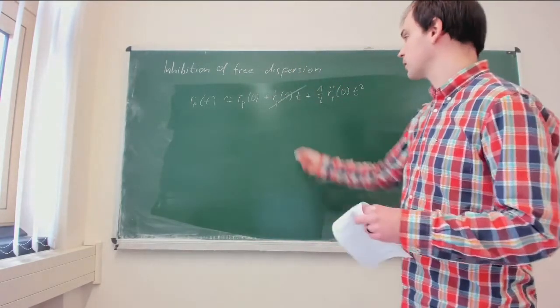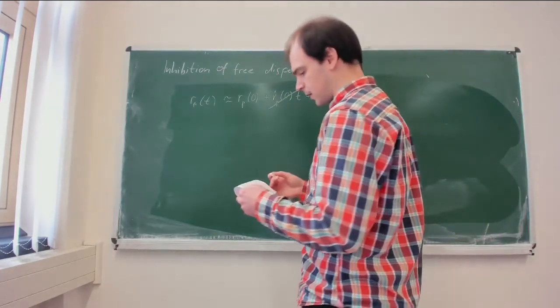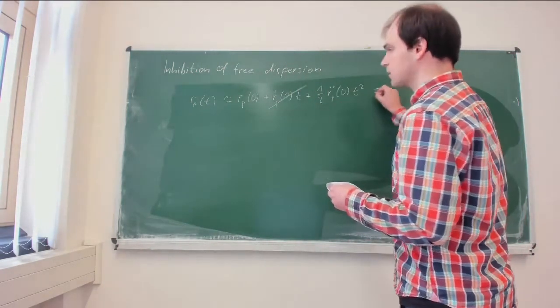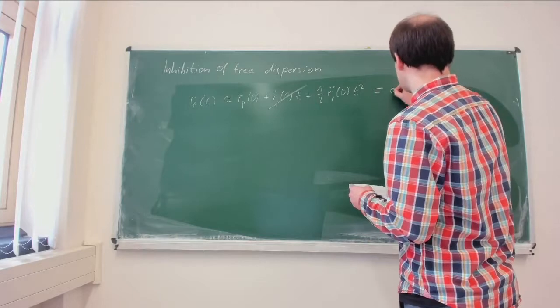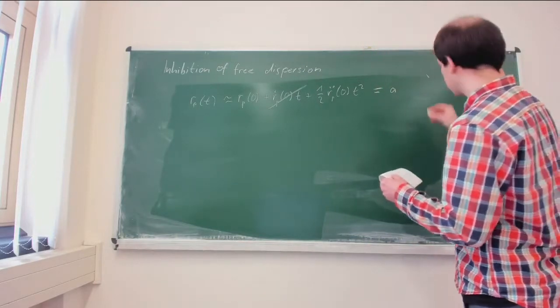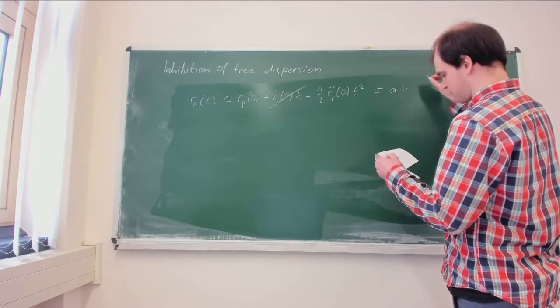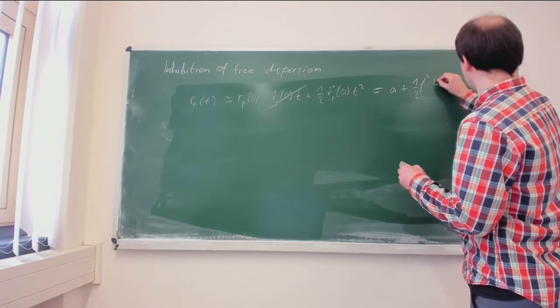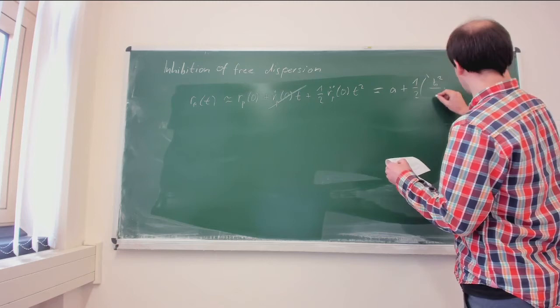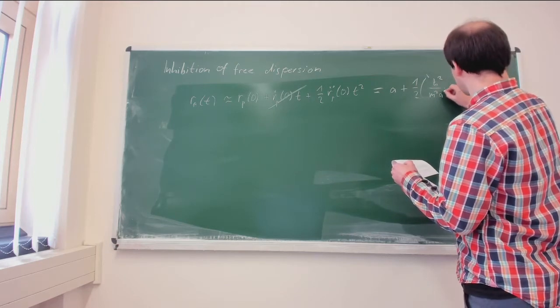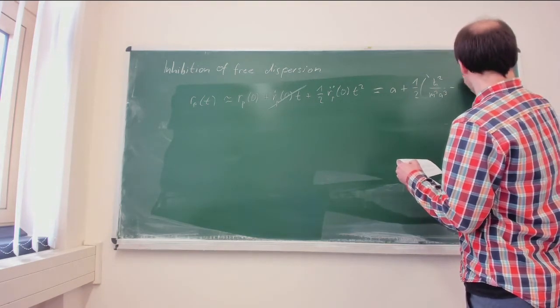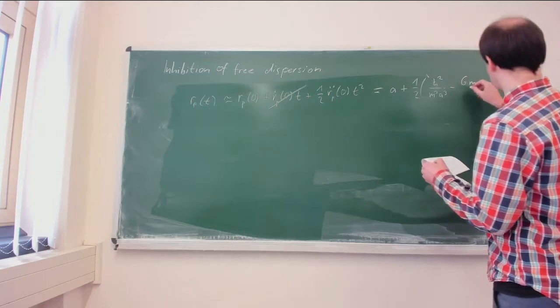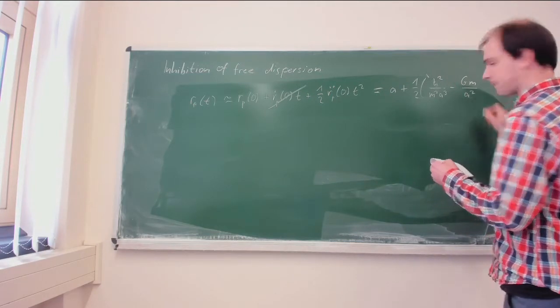So we've seen that there is no first order derivative, and the zeroth order is simply a for our wave function. So we find a plus 1/2 times ħ² divided by m² a cubed minus GM divided by a squared, times t squared.